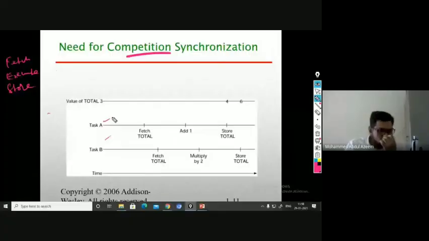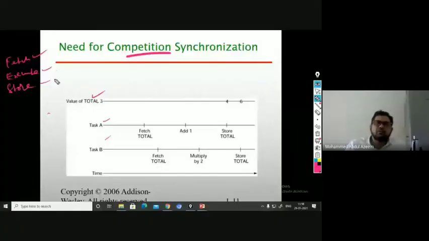In order to execute any instruction, it has to go through these three phases: fetch, execute, and store. Let us now take task A. Task A would like to perform an addition operation. It wants to add 1 to the existing total value.